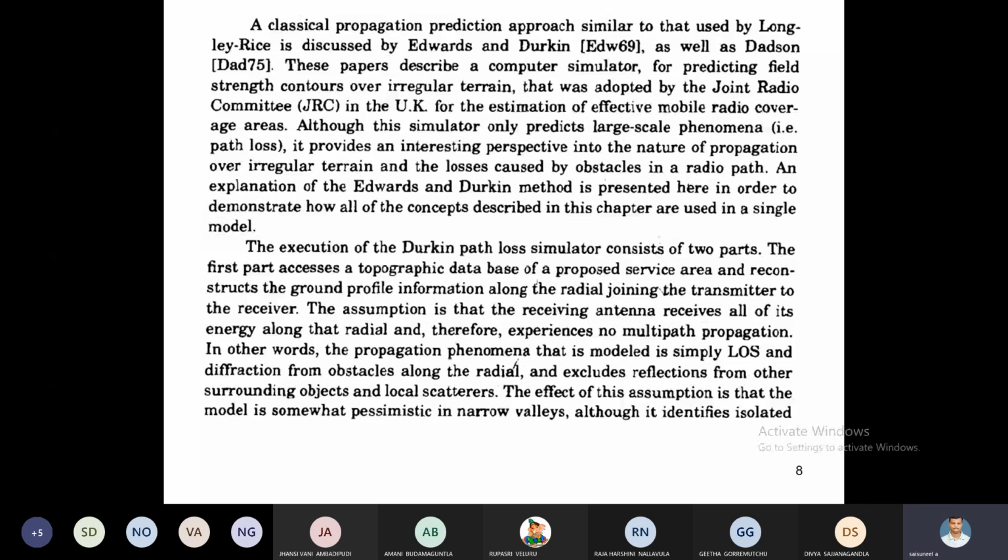In a particular village or urban area there is no cell phone service, and we are newly installing cell phone services. Before fixing the base stations, that is, the cell phone towers, first we have to check the topographical terrain profile within a 15-kilometer radius. What is the structure of the ground?